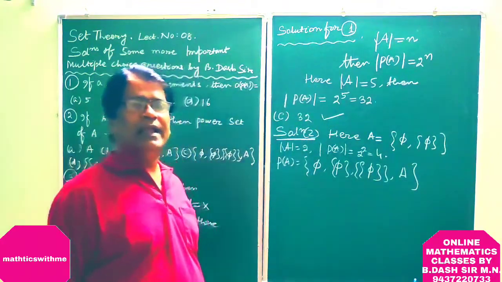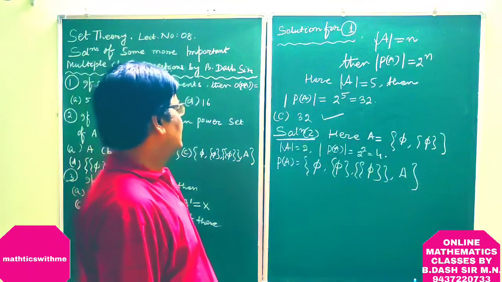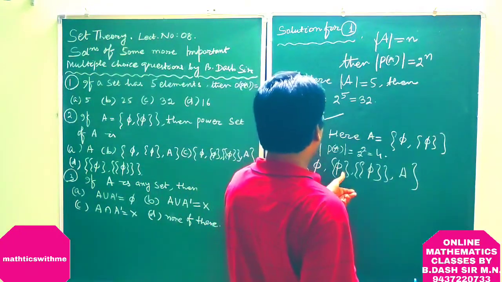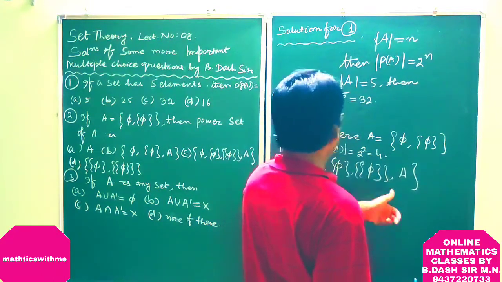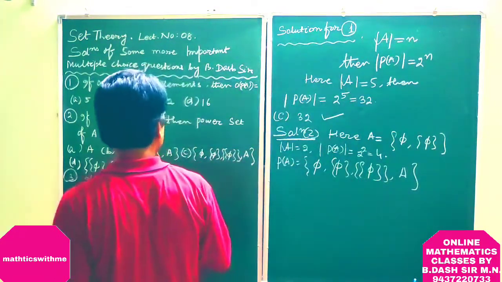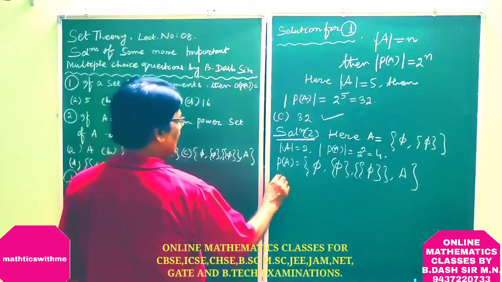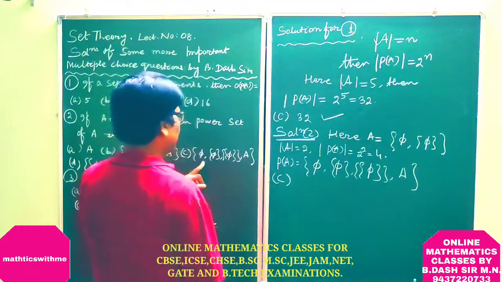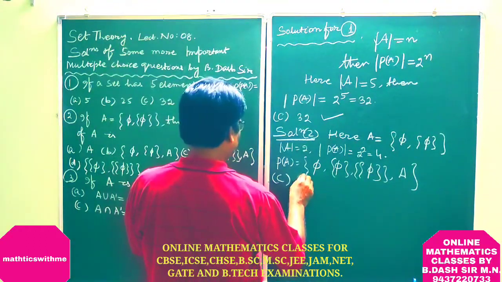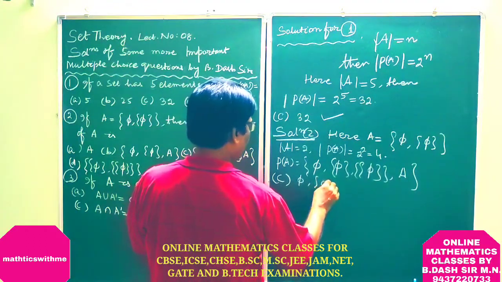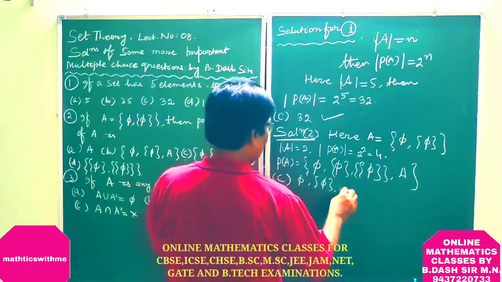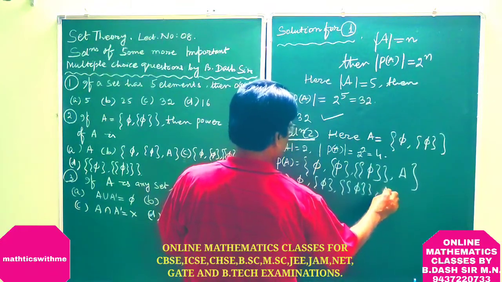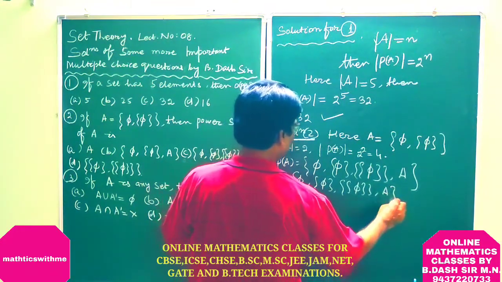So we get the power set of A is phi, curly bracket phi, double curly bracket phi, A. So it is in option C we get here. So the answer for question number 2 is option C, that is this set phi, curly bracket phi, double curly bracket phi, then A.